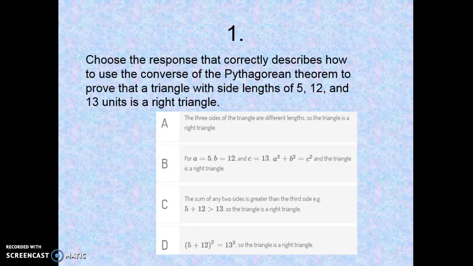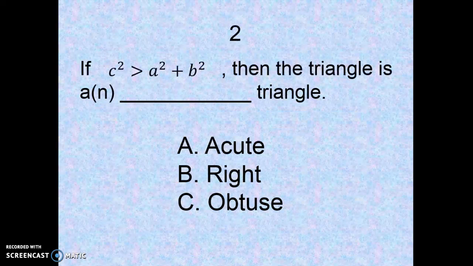All right. This next series of questions are going to be a little bit thought-provoking, so don't rush through them. Read everything carefully. Choose the response that correctly describes. So think about it logically. All right, now it's time to prove.